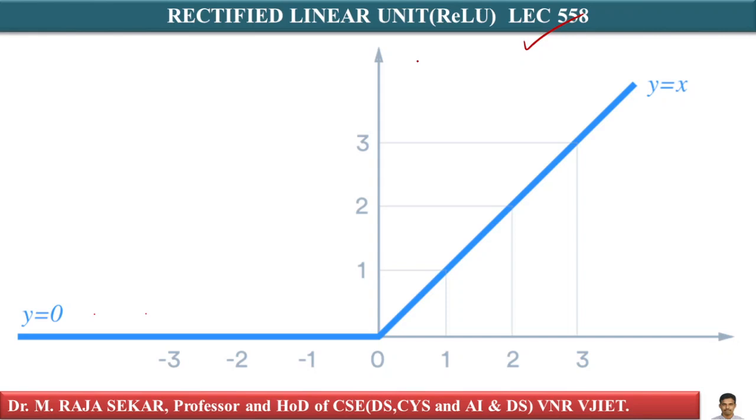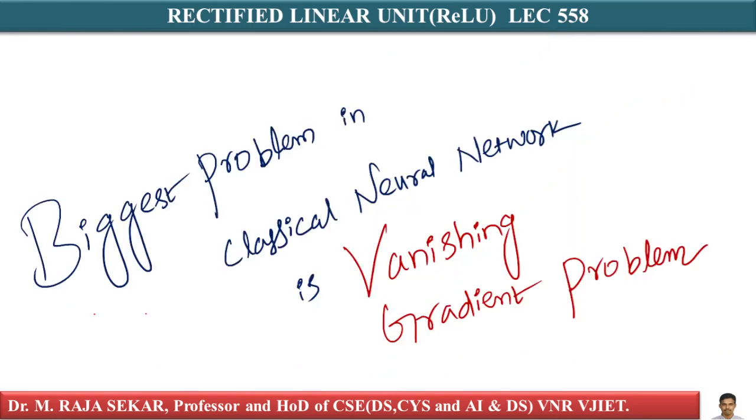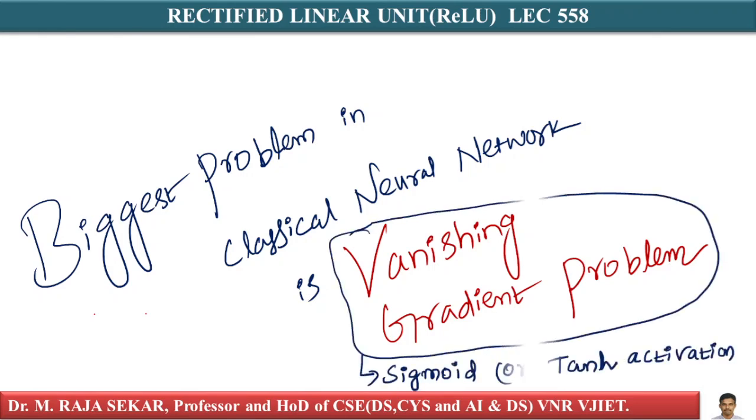In this lecture, we will try to understand the rectified linear unit, that is ReLU. One of the big problems in the classical neural networks era, which is pre-2010, has been the vanishing gradient problem, which is very often seen, especially when you are using the sigmoid or tanh activation function.